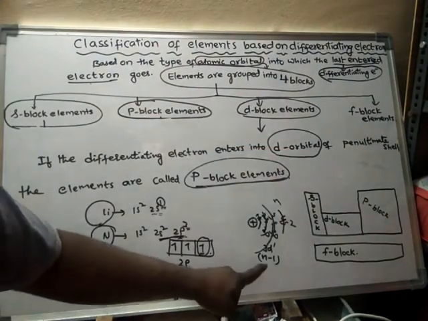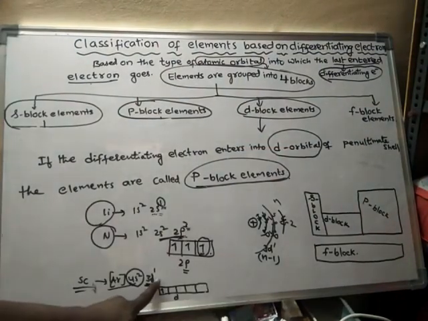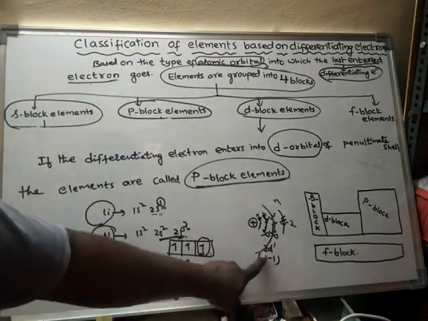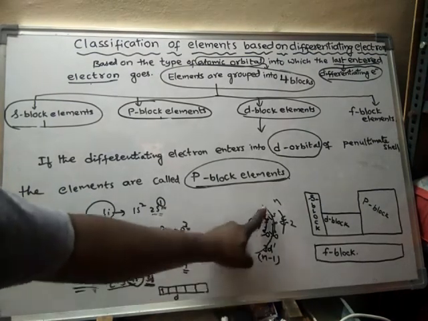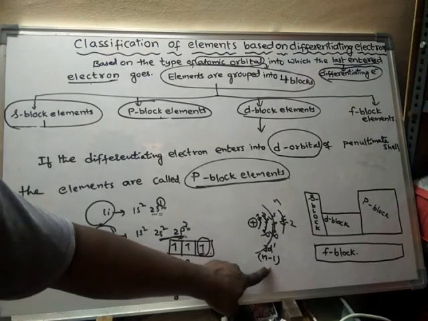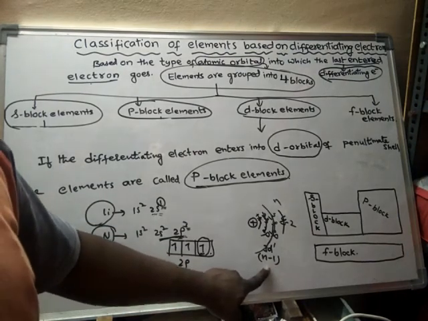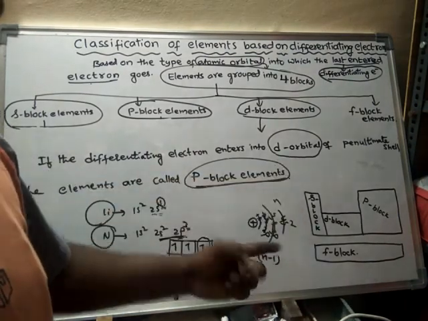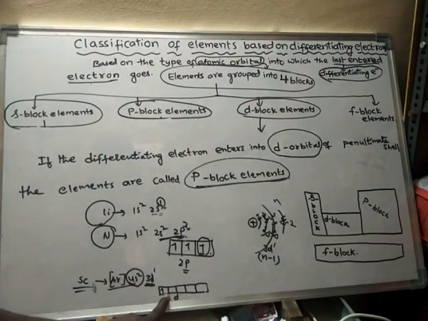So now, the last electron is present in 3d. That means 3d is present in the n-1 shell, or penultimate shell. 3d means d orbitals only. All these are d orbitals.